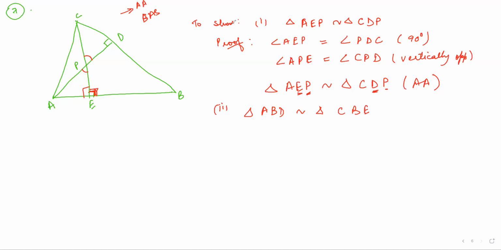All right, now look at what is ABD in the figure. Can you spot ABD? Yes, ma'am. And CBE. Okay, or CBE and ADB. So first of all, that's cleared. Now tell me which angles are equal. Angle B equal to angle B. Okay, that's good. It is common. Okay, what else?